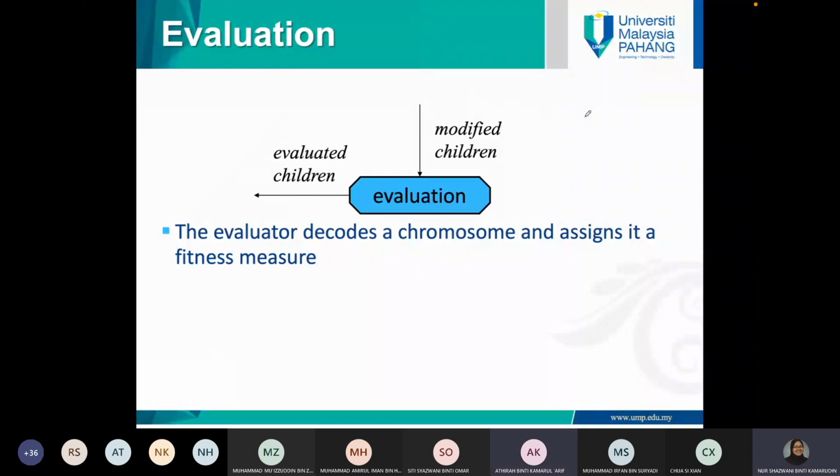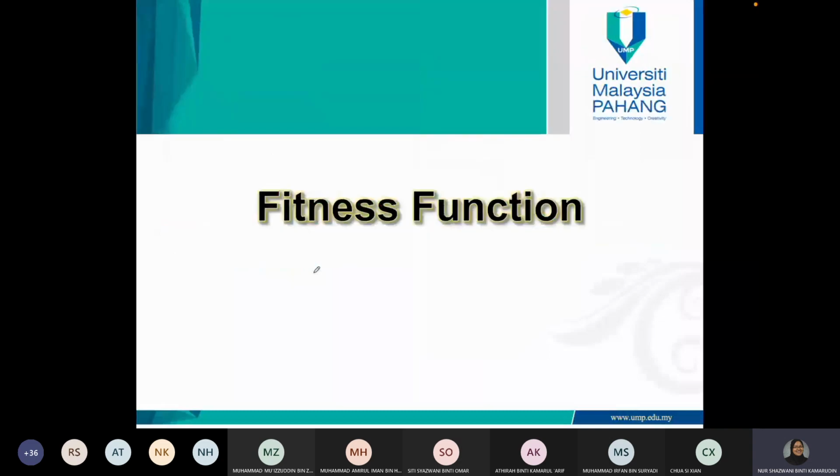And then the evaluator decodes a chromosome and assigns it a fitness measure. That means given the fitness function, we will calculate the fitness measure for each child, each new chromosome.